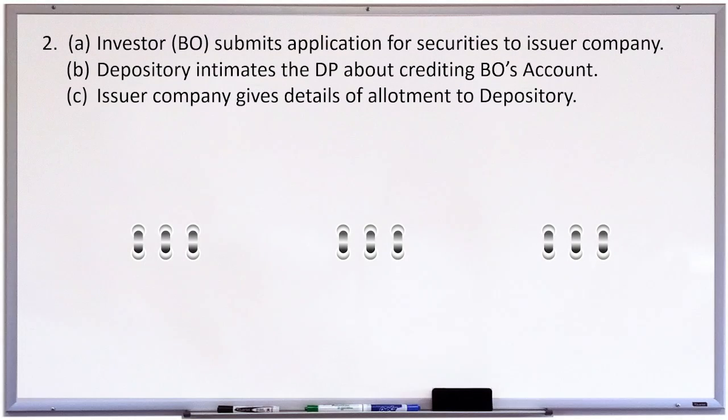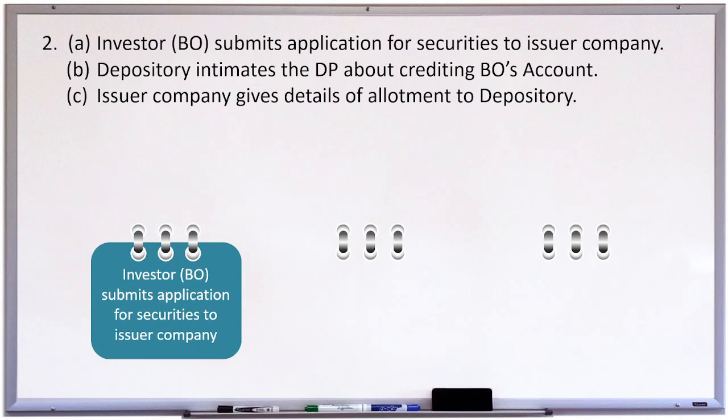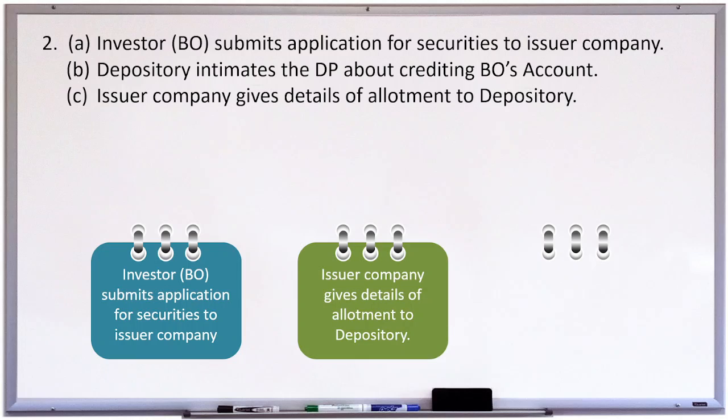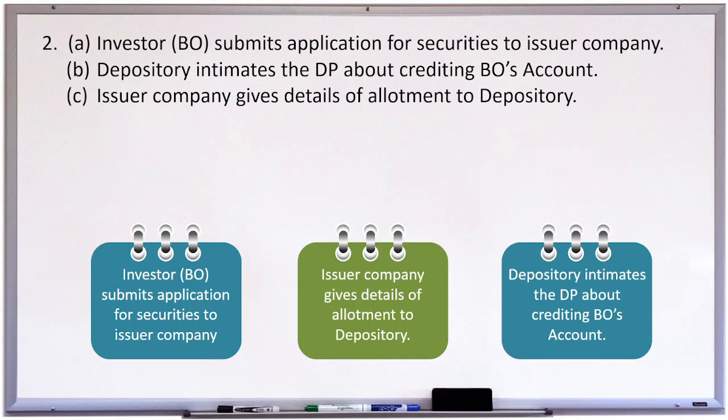A. Investor, BO, submits application for securities to issue a company. B. Depository intimates the DP about crediting BO's account. C. Issuer company gives details of allotment to depository. Term 1. Investor, BO, submits application for securities to issue a company. Term 2. Issuer company gives details of allotment to depository. Term 3. Depository intimates the DP about crediting BO's account.